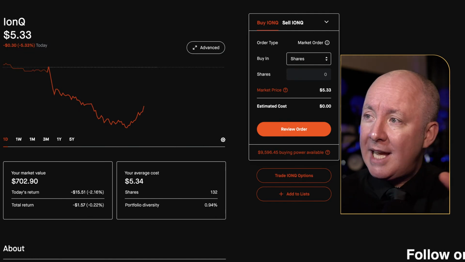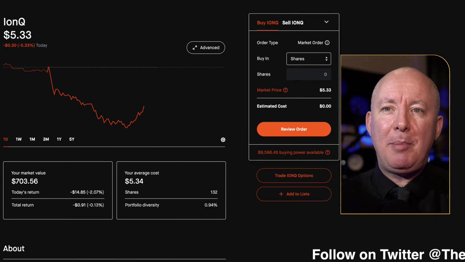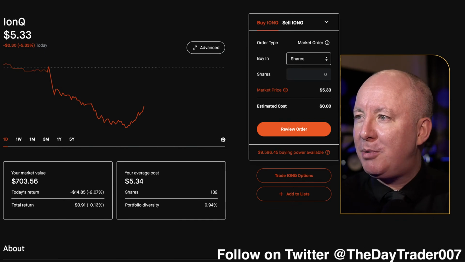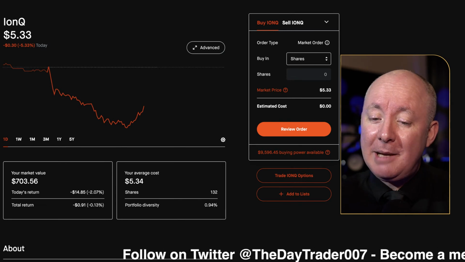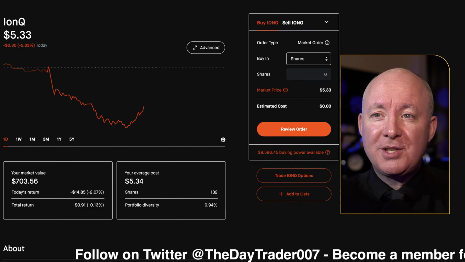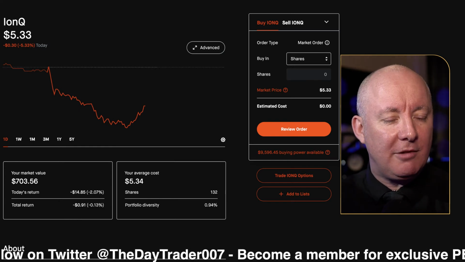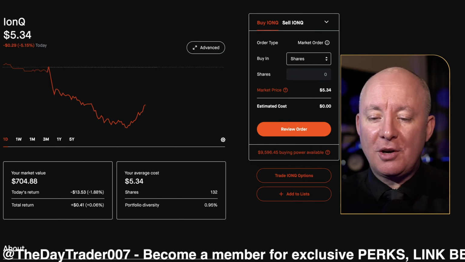Anyway, all of that is good, right? But somebody broke a news story about it all being fake. Somebody said IonQ's not quantum computers, it's got no products, blah, blah, blah. And it became one of the most shorted stocks of the day. I can't believe it. It's all over StockTwits today and Reddit and all over the place. So shorters are trying to bring the stock down.